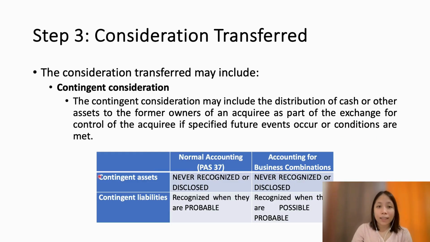For contingent assets, under both normal accounting and accounting for business combinations, we do not recognize or disclose unless they become virtually certain. Virtually certain means 90 to 95% chance of becoming realized.